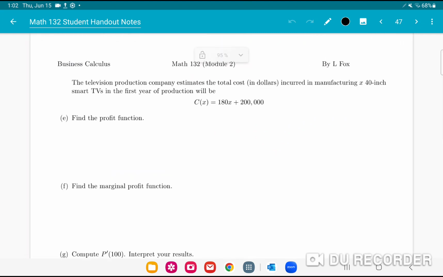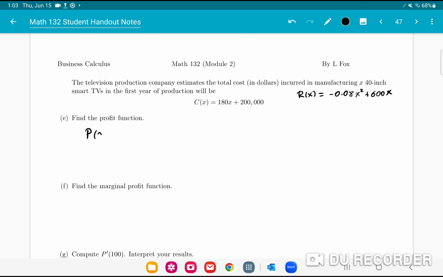On the next page, I have a cost function. The revenue function, remember, was negative 0.08x squared plus 600x. This is the same company. This television producing company estimates this is the cost for producing x units of TVs.